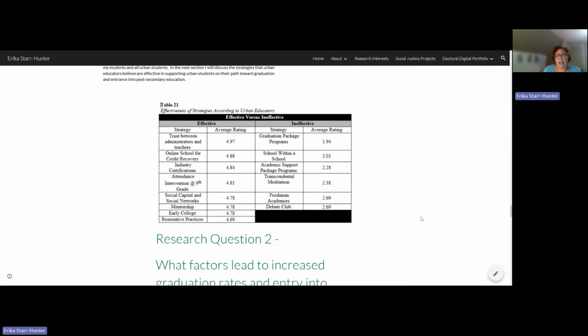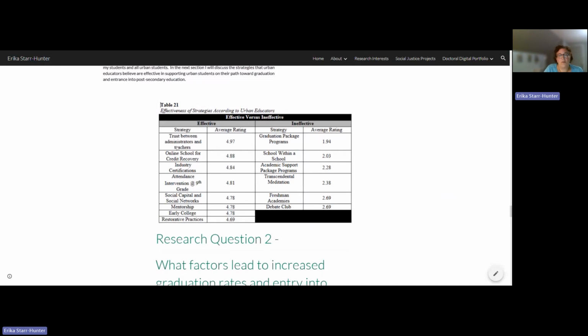So then I looked at the effectiveness and ineffectiveness of these different programs. In the survey, they responded and came up with these average ratings from the Likert scale for the different programs.